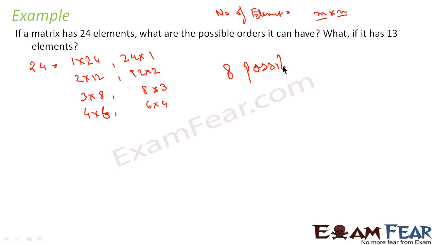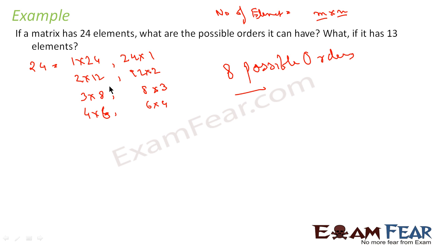Why 8 possible orders? Because we were able to write 24 into 8 different m into n form. Correct? See, try to understand. The question says the matrix has 24 elements. How many possible order it can have? We know the formula that the number of element is nothing but m into n, where m is number of rows, n is number of columns.